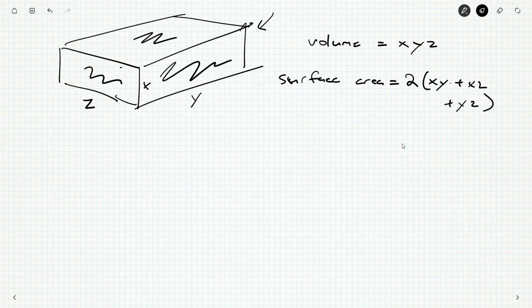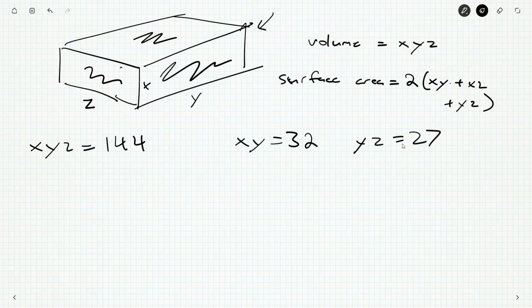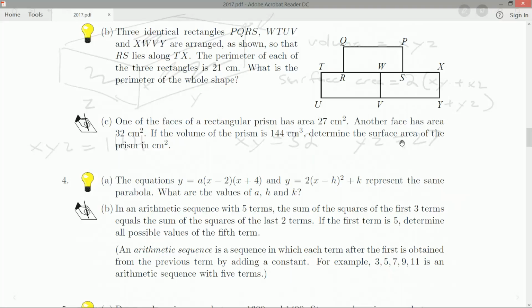Okay, so what are we told? So we know XYZ is 144, and we know, for example, something like XY is 32, and we'll say YZ is 27. The actual order of these doesn't really matter here. And I think that's all we were given.